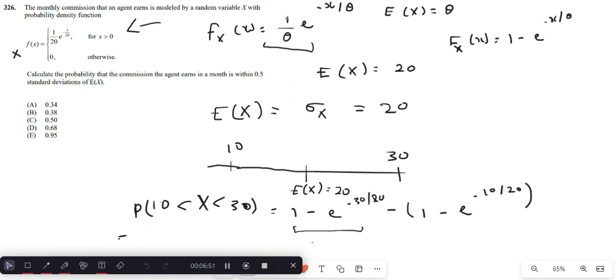Rounded to 2 decimal places, that is 0.38, which is of course my answer B. So it's 0.38, which is B.